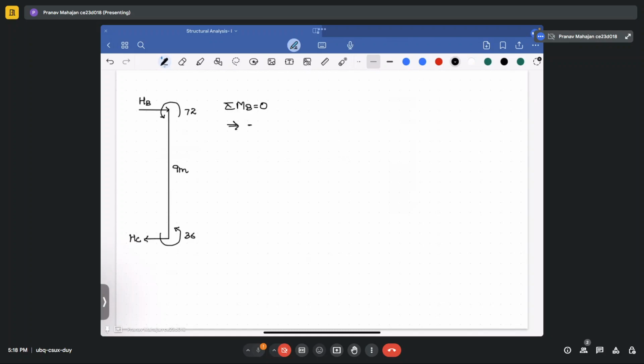So moment is negative, minus, minus, and then it would be plus HC into 9 equal to 0. That would be 12 kilonewton. Okay, that is how we will calculate the reactions in the frame using moment area method. Oh, sorry, moment distribution method.